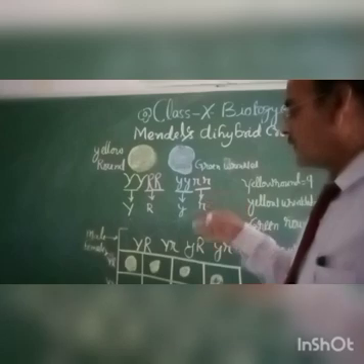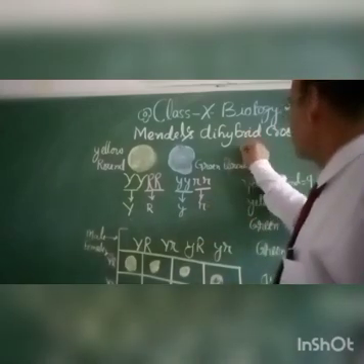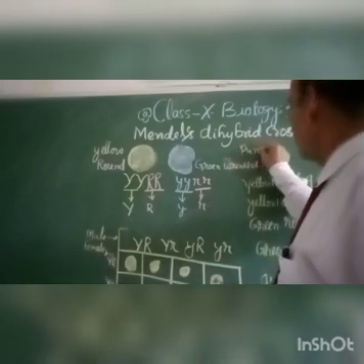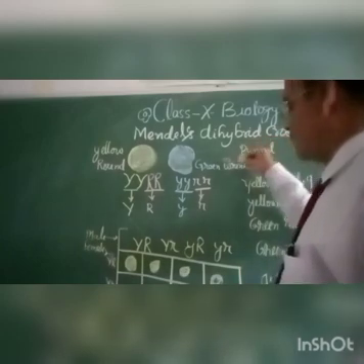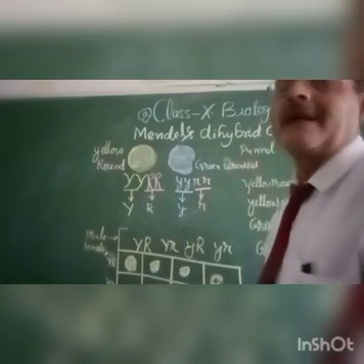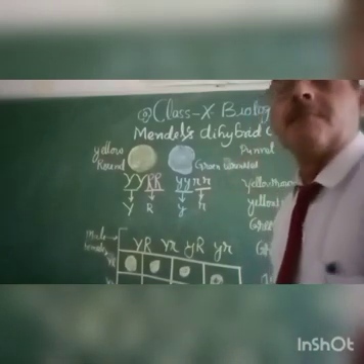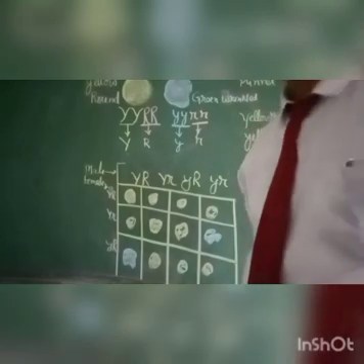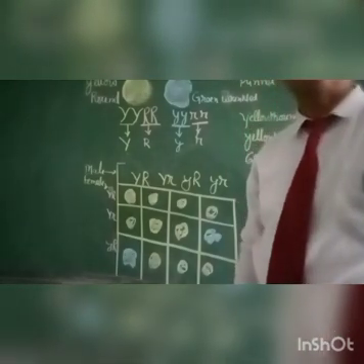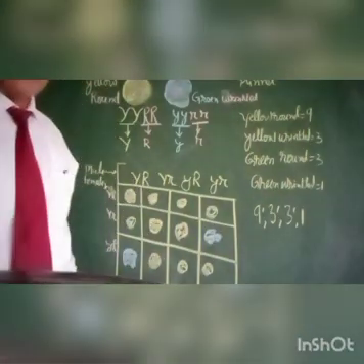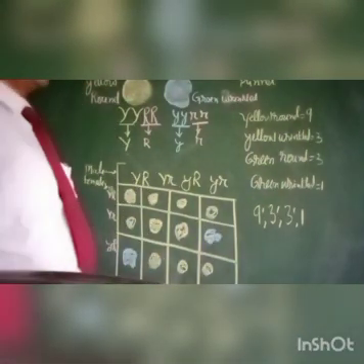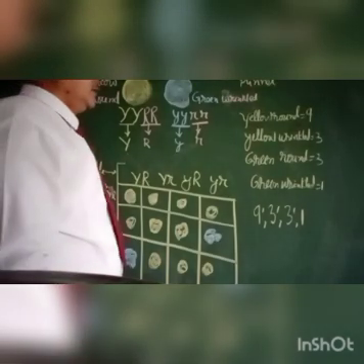These are called Punnett squares. Punnett was the scientist who gave the Punnett square, and by this he tried to express the result of Mendel's dihybrid cross experiment.